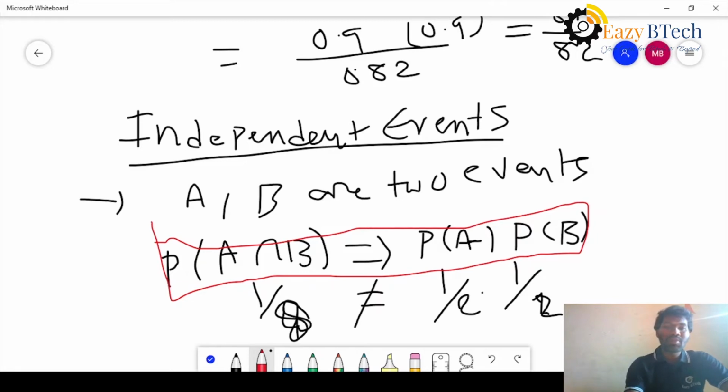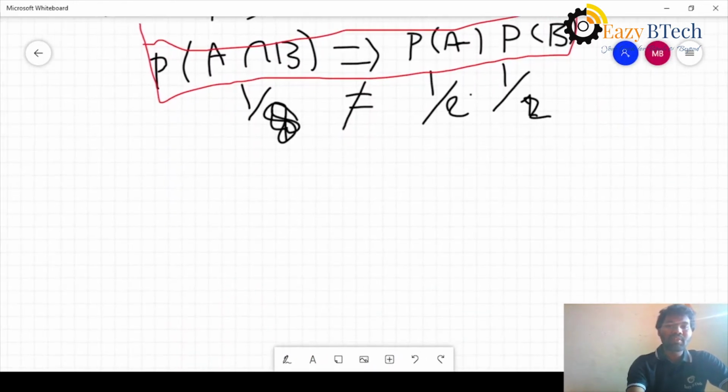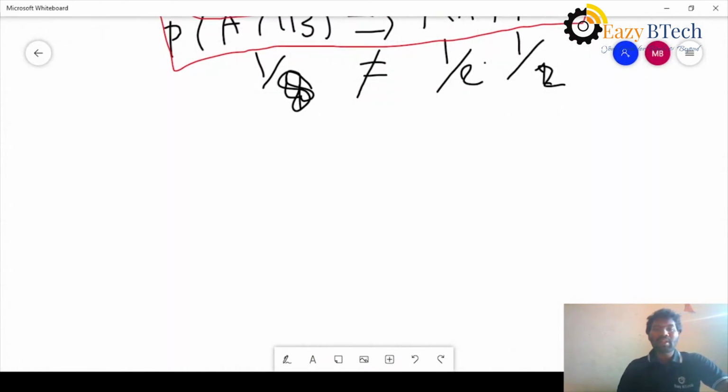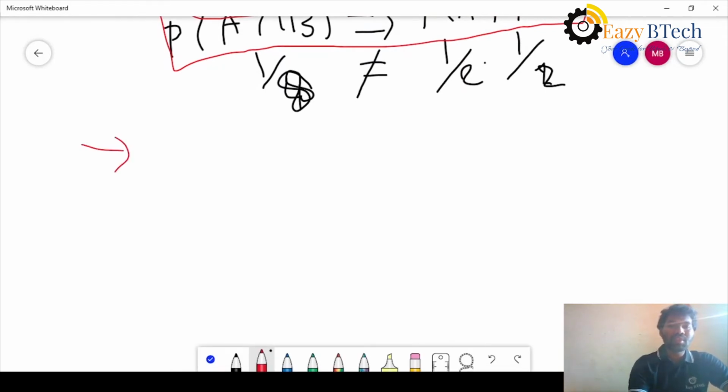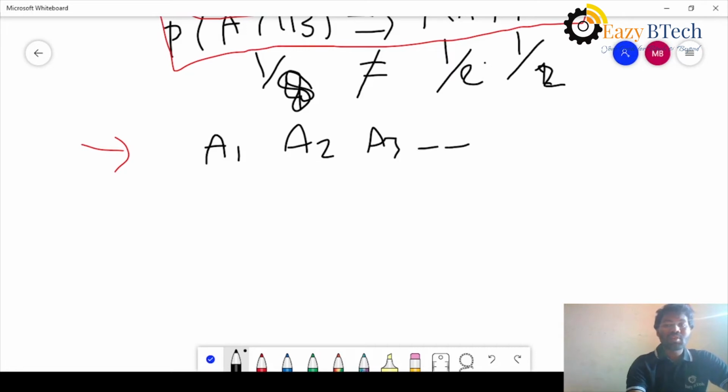This is the independent events formula. Here I am telling about only two events. Suppose the number of events is more, that means there are events A1, A2, A3, and so on, An. So there are n events. What is the formula for independent events?